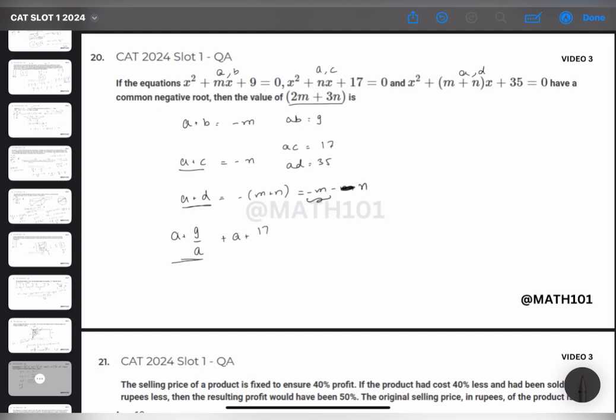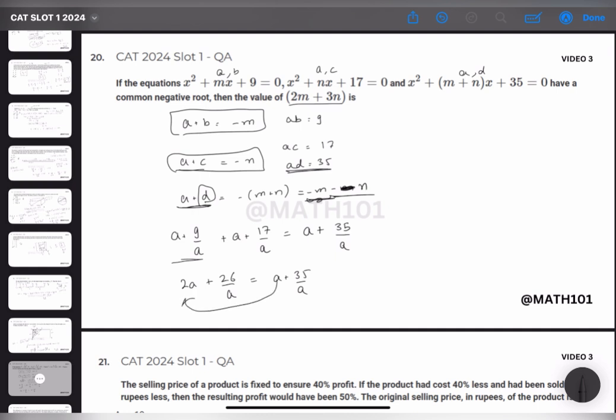Plus 17 by a is equal to a plus d. A plus d is 35 by a. So 2a plus 26 by a equals a plus 35 by a. What I have done is a plus d, d is substituted using this equation, minus m minus n. Minus m is substituted using this equation, and minus n is substituted using this equation.